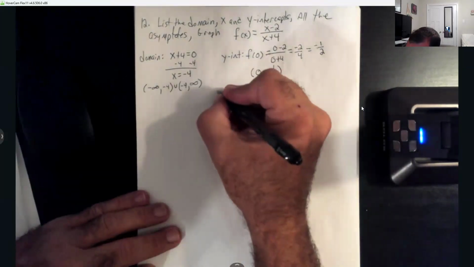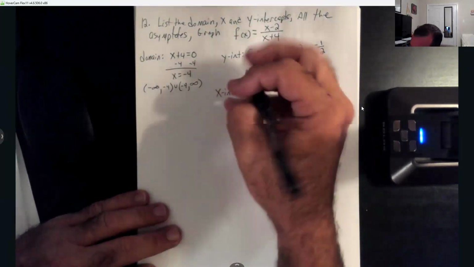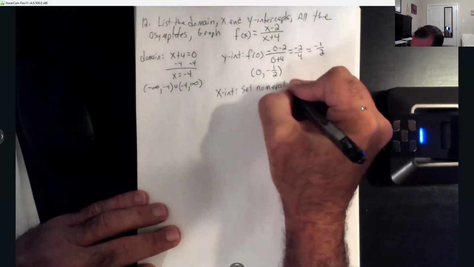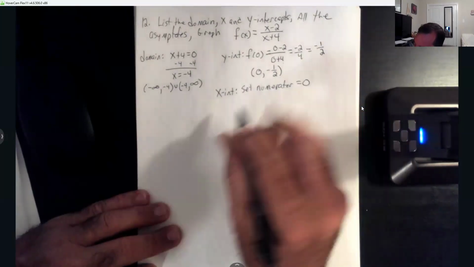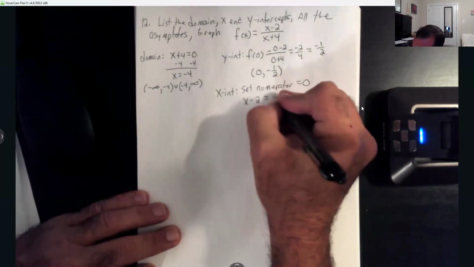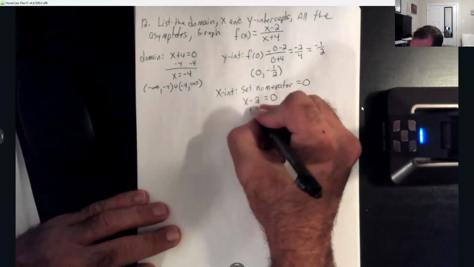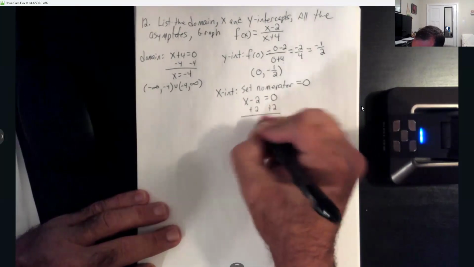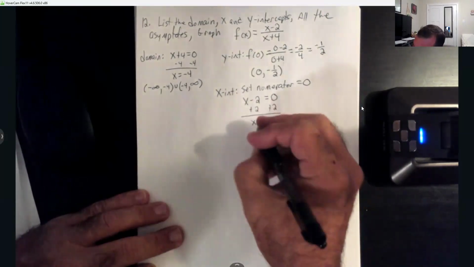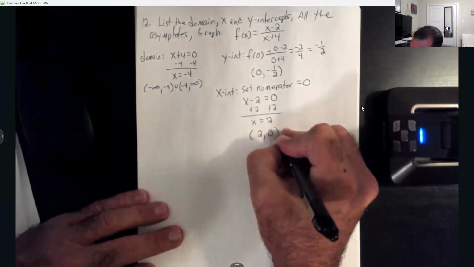To get the x-intercept, you set the numerator equal to 0. The numerator is x minus 2. I'm going to set that equal to 0 and solve that by adding 2. So my x-intercept is 2, but remember, as a point, that is going to be 2 comma 0.